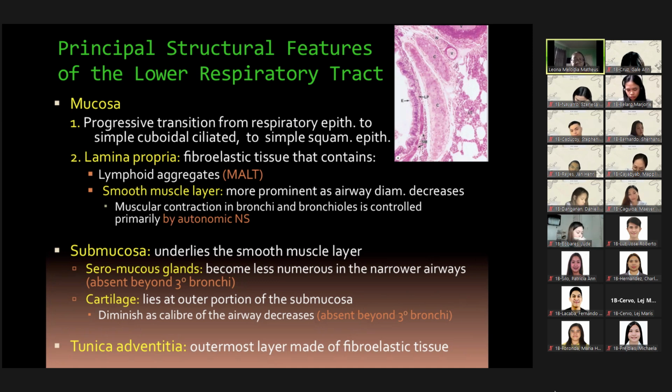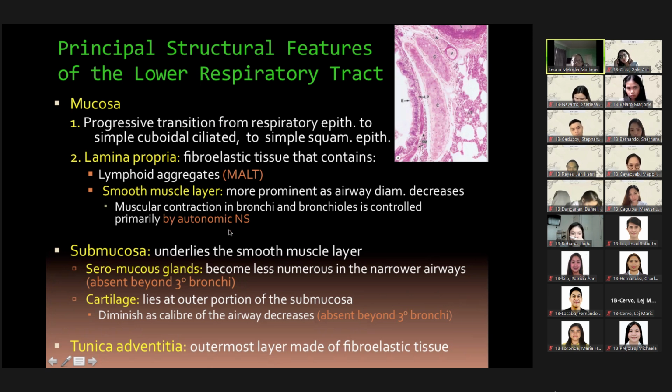Likewise, you may find cartilage here in the submucosa, which lies at the outer portion of the submucosa. Again, the cartilage diminishes and is absent beyond your tertiary bronchi. So you only find this cartilage on the upper parts of your lower respiratory tract.